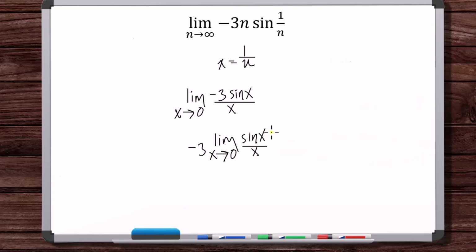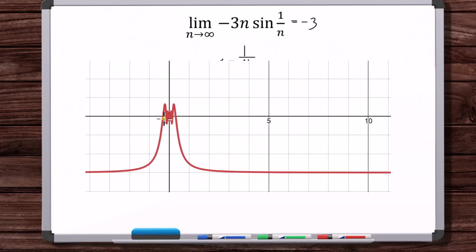And what we're left with is the limit as x approaches 0 of sine of x over x, which we talked about earlier, a limit that the textbook proved using a geometric argument. This limit is equal to 1. So we're left with minus 3. This limit is equal to minus 3. If we take a look at the graph, as n approaches infinity, the function is approaching minus 3.